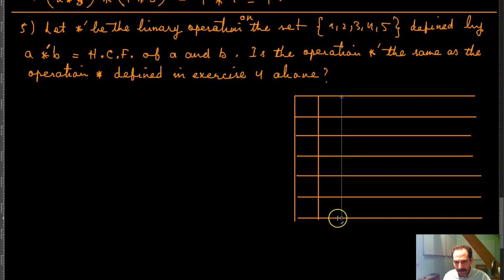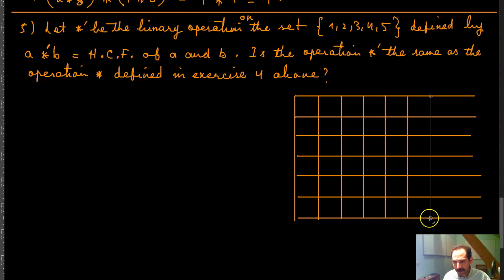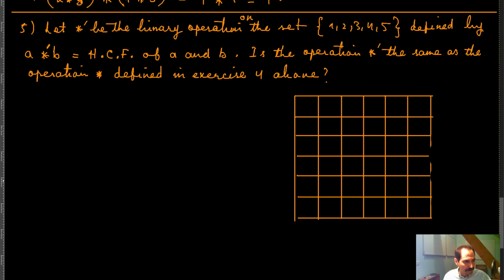So 1, 2, 3, 4, 5, and 6. So now what we have here is this table, and here I have star prime, and these are the sets that I have: 1, 2, 3, 4, and 5.